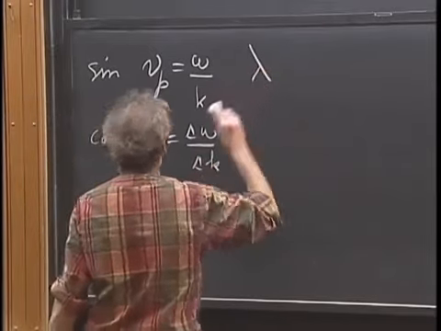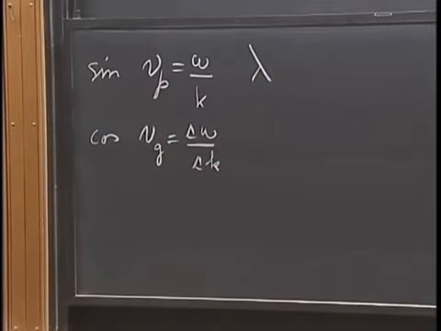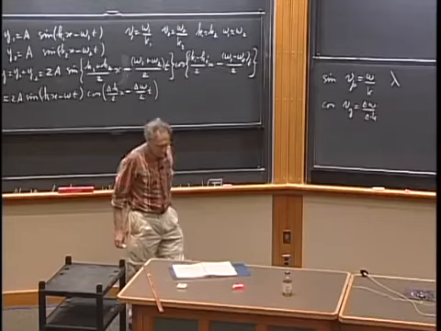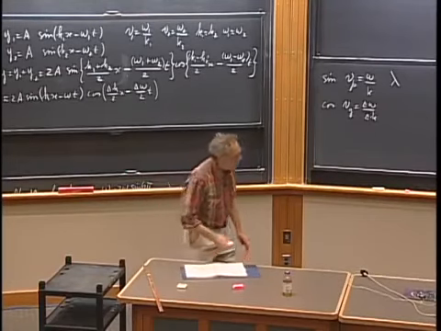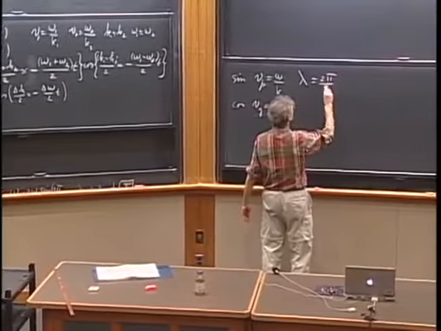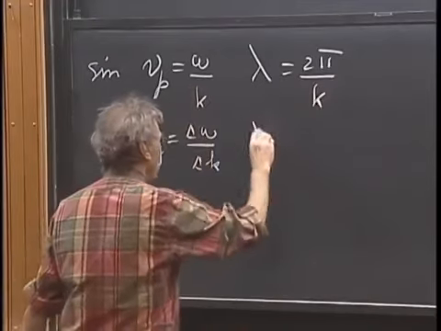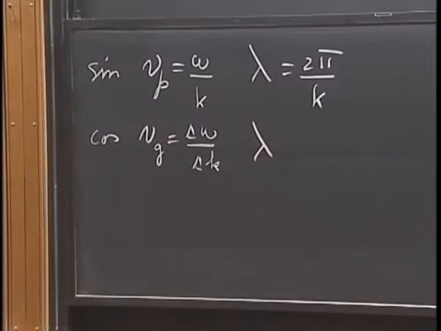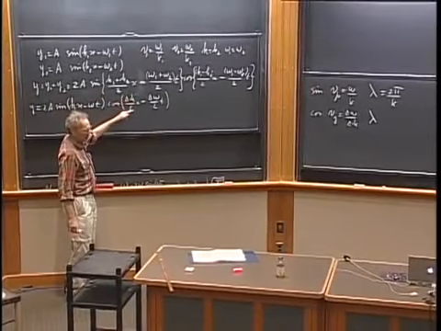The wavelength of the sine curve is, of course, given by 2 pi divided by k. That's the definition of wavelength. And if you think of the wavelength, the repetition pattern of the cosine function, that is 2 pi divided by this k.